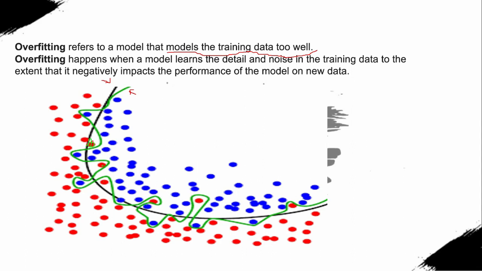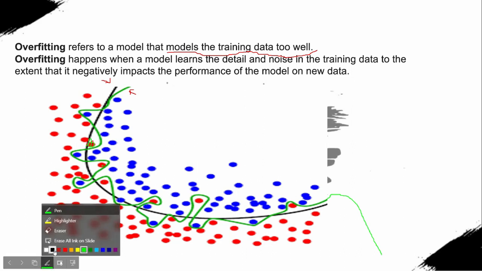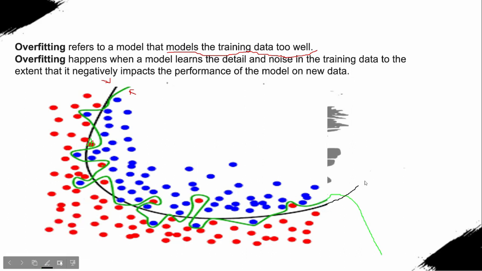But the point is that for newer points, the green curve might converge to something like this, and my black one would still continue to move on like this. For the points it hasn't seen, my black curve is better at predicting newer data points. And so this is how we do not want overfitting, and we want to prevent overfitting in our model or training data. So how do we remove it?